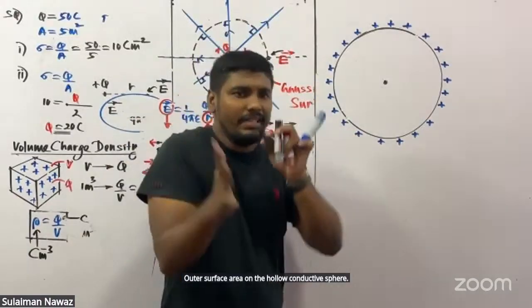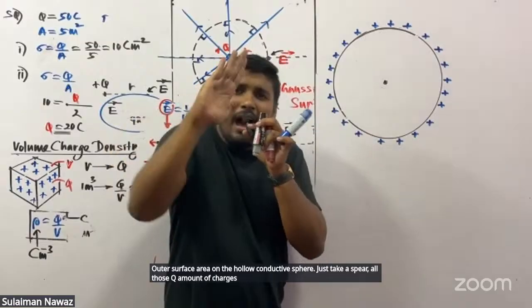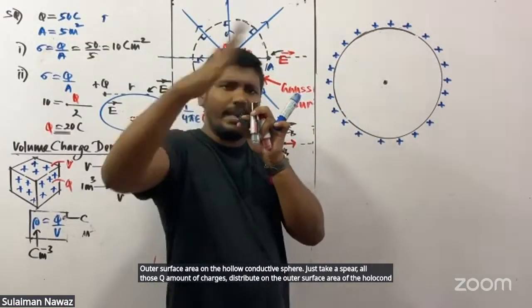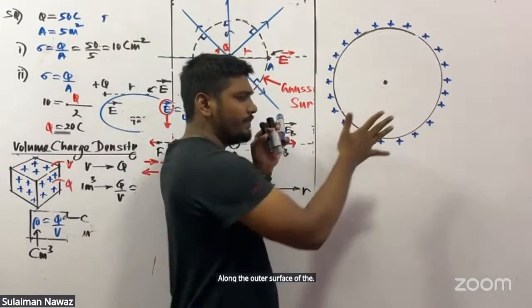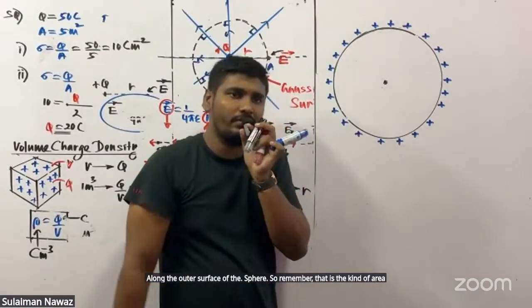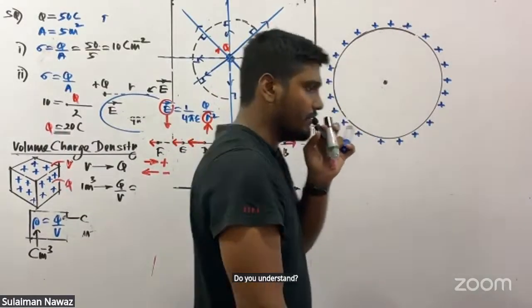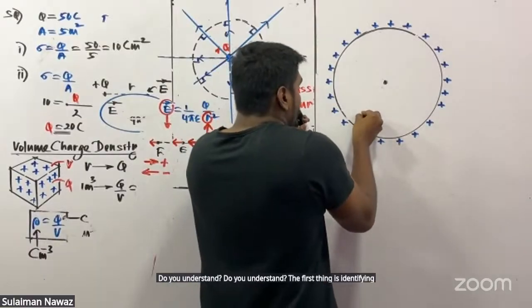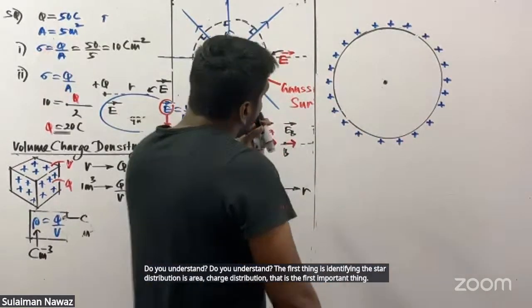Just take a sphere, all those Q amount of charges are distributed on the outer surface area of the hollow conductive sphere. So remember, that is a kind of area charge distribution. Do you understand? The first important thing is identifying that this is area charge distribution.